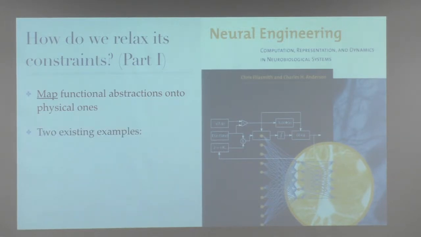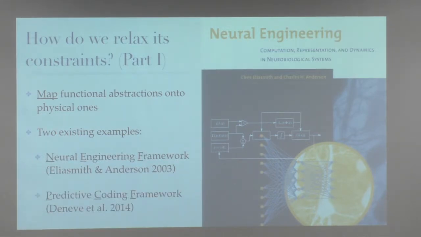There are two existing examples of what are called mapping frameworks. One of them is what you see here in this book that came out in 2003 by Chris Eliasmith and Charlie Anderson. There's somebody here from ABR, Applied Brain Research, which is Chris's startup. That's called the Neuroengineering Framework.